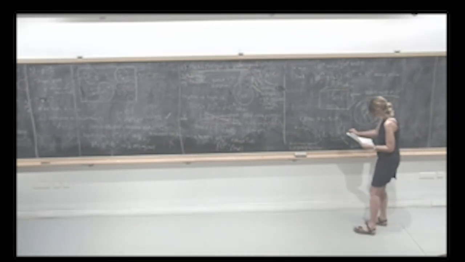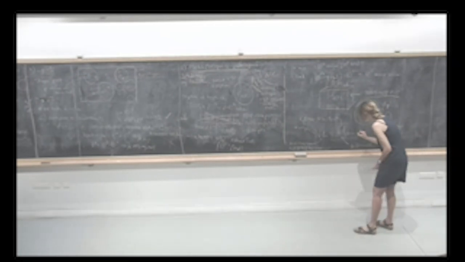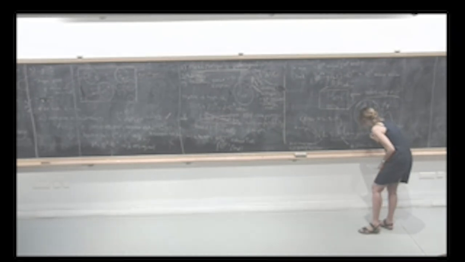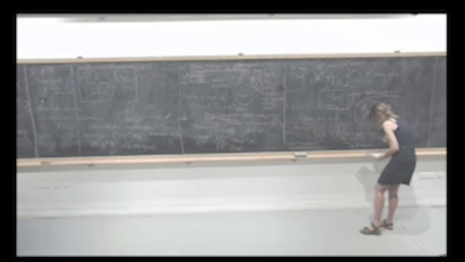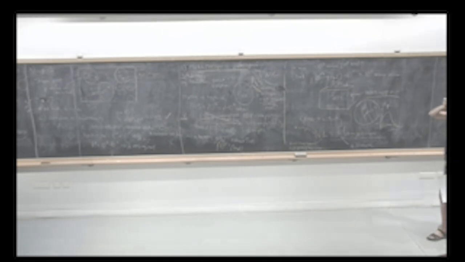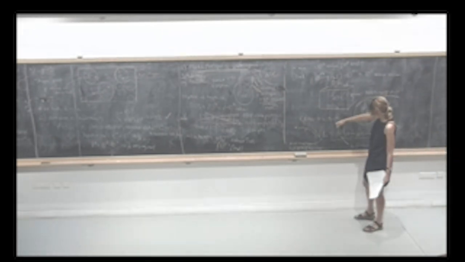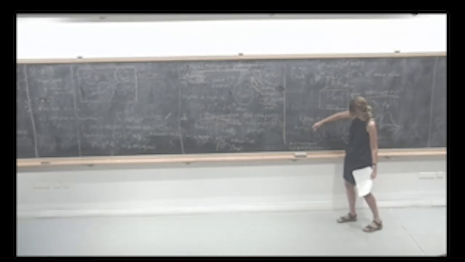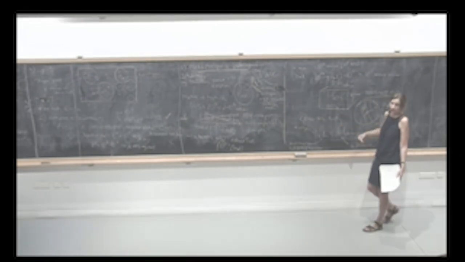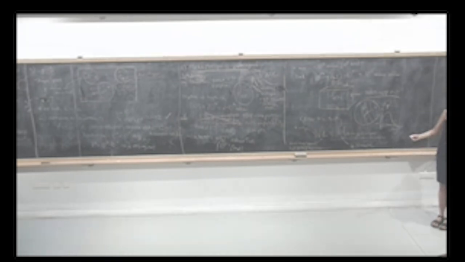And L is the number of antigens each receptor can recognize. Okay, all I wrote down is a matching condition. Basically, if I have R receptors, each one of them can bind L antigens, and I have N antigens, each one of them can be recognized by K receptors. I want that to be true, right?